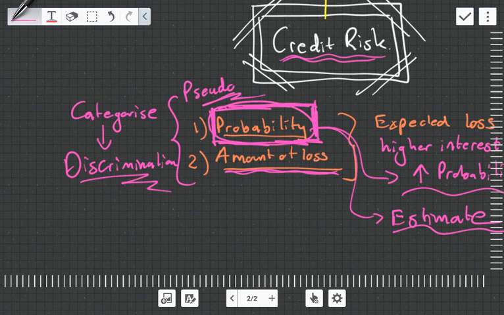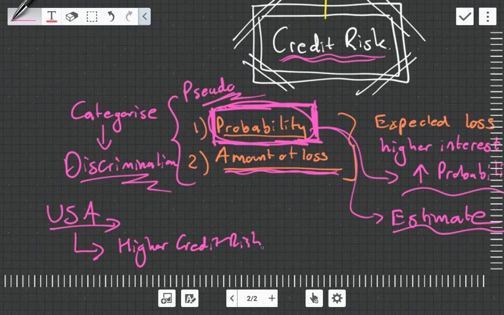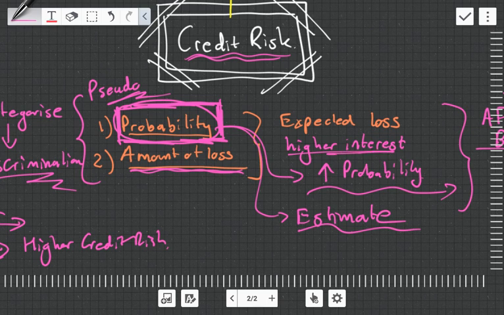One particular form of discrimination happened in America, where, because like I said, it's impossible to calculate the probability of an individual, they created groups, and they said groups have certain credit risks. And one of their groups was African Americans, who they said had a higher credit risk and therefore needed to be charged a higher interest.